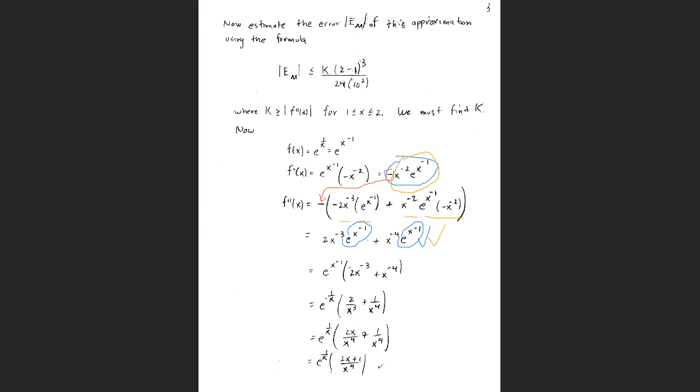And so I'll get e to the power x to the negative first times the quantity 2x to the negative third plus x to the negative fourth. But then 2 times x to the negative third, that's just 2 over x cubed. And x to the negative fourth is just 1 over x to the fourth.